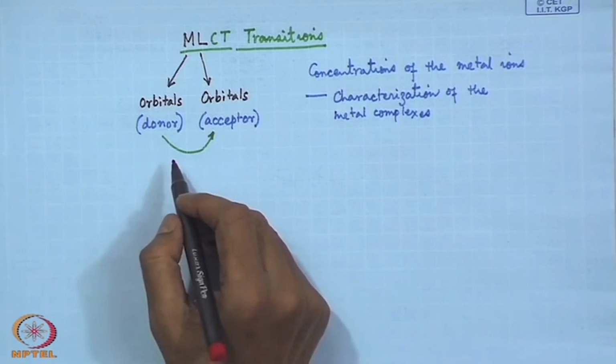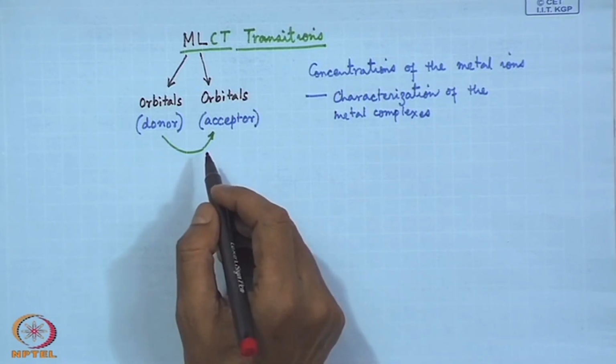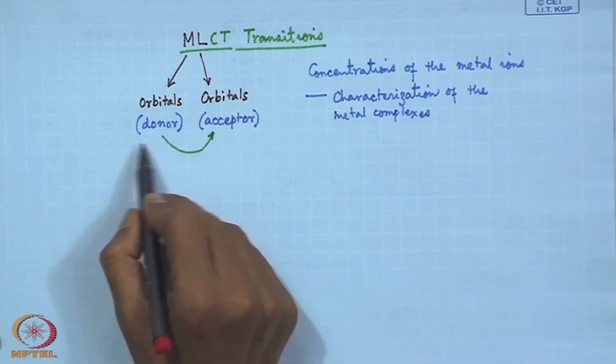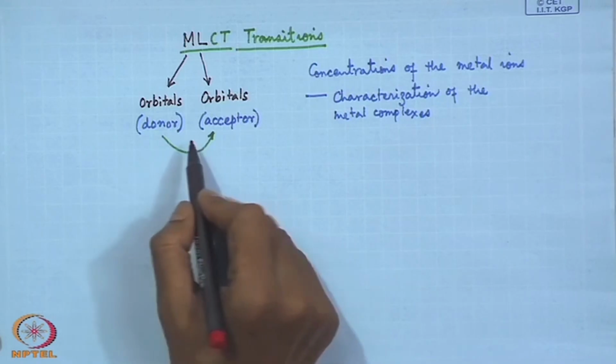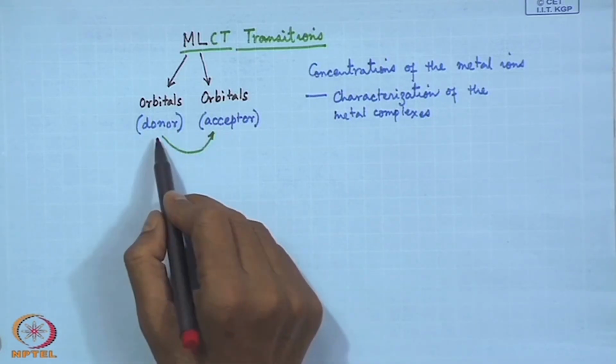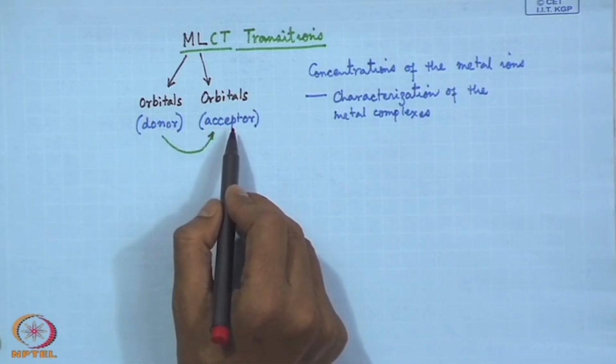When we move from ligand field theory to typical molecular orbital theory, we are not talking everything in terms of crystal field splitting, where we do not accept that metal orbitals are overlapping with the ligand orbitals.